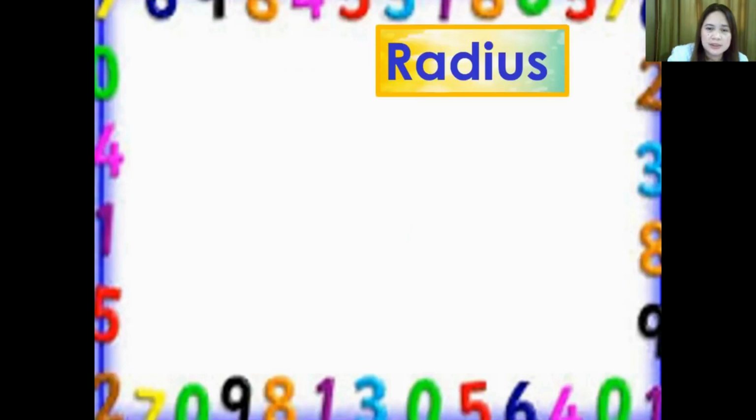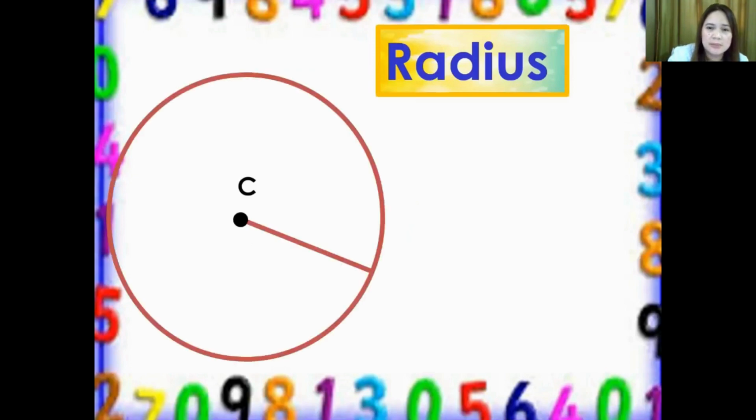So what is a radius? Let's take a look at a circle with center C. If we get another point on the circumference of the circle, and then we connect it to the center, we will be forming a radius. As you can see, this line segment on the circle is what we call the radius.